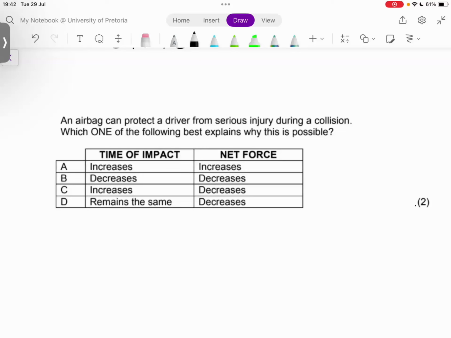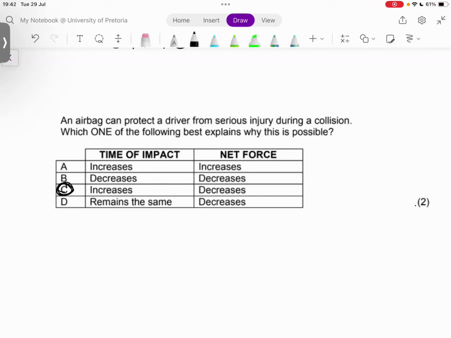The answer for this question in particular would be C. The time of impact increases, whereas the net force decreases. This over here is impulse.